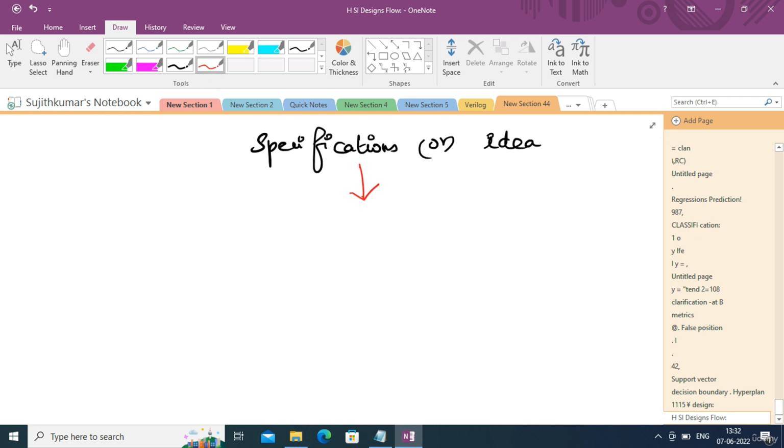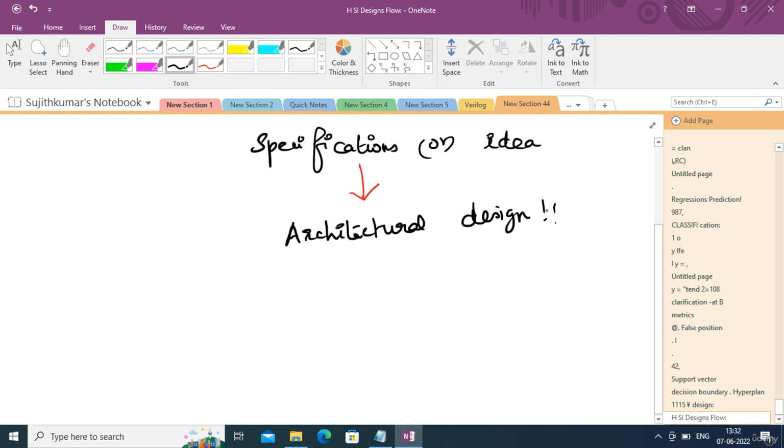Moving on, we have the second step, which is nothing but the architectural design, and we are at a very high level of abstraction. Let us assume that we don't know the inner details now. We are just designing the architecture. We don't know how many transistors we are going to use, and we don't know the logic circuits we are going to use.